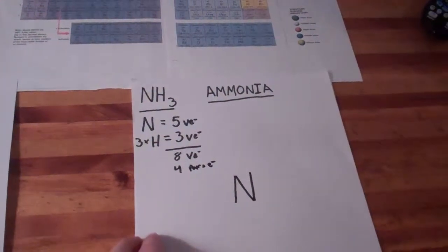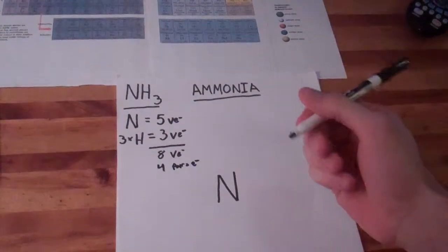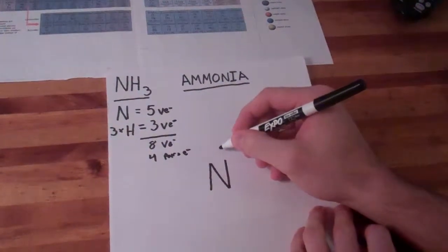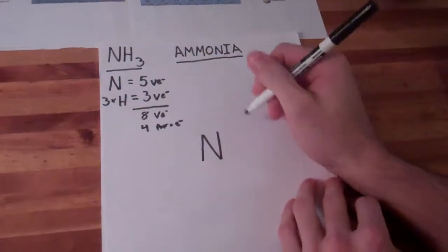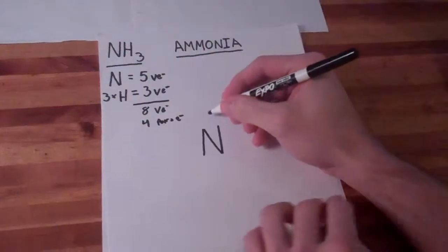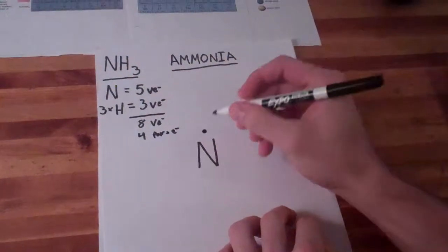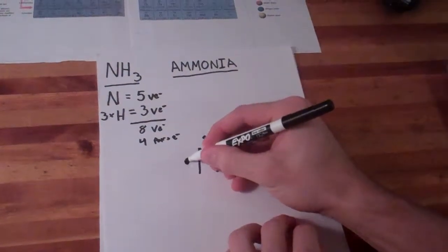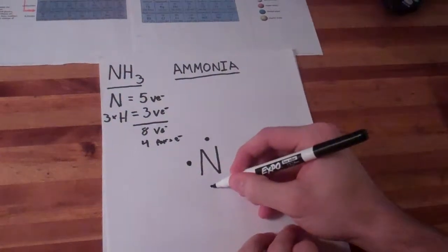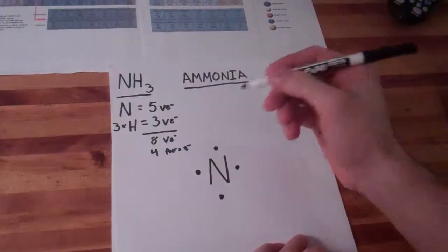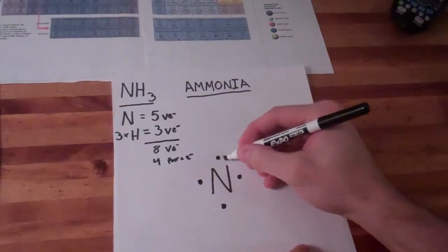Alright. So now we're going to go to nitrogen, and we're going to start by going counterclockwise around the atom. So since there are 5, you have 1, 2, 3, 4, and then you come back up here, 5.